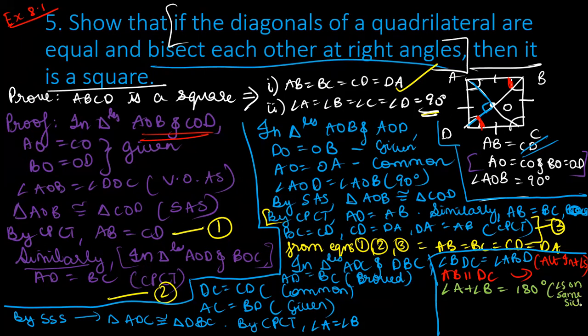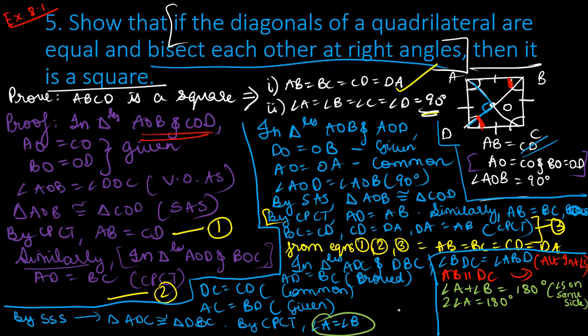I can't write the whole statement here, guys. Please try to understand. But in your notebook, please write it, okay? Angles on the same side of a transversal are supplementary, right? So angle A plus angle B is equal to 180 degrees. Now, since angle A is equal to angle B, 2 angle A will be equal to 180 degrees, because angle A plus angle A is equal to 2 angle A, right?